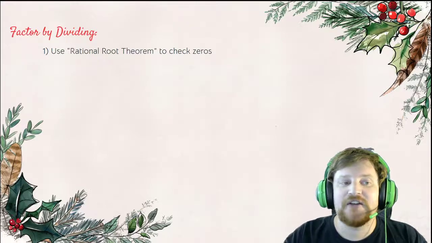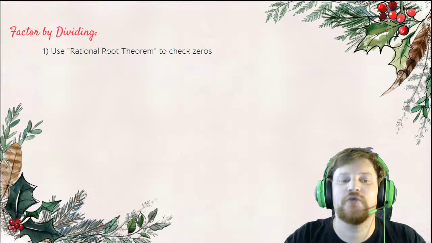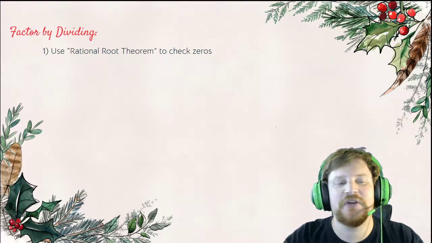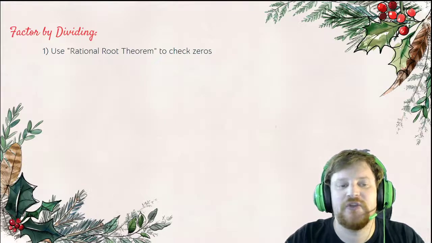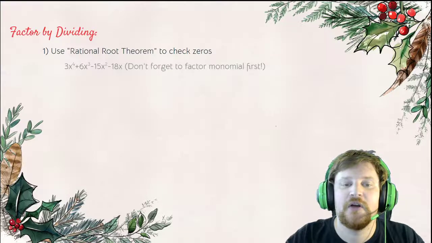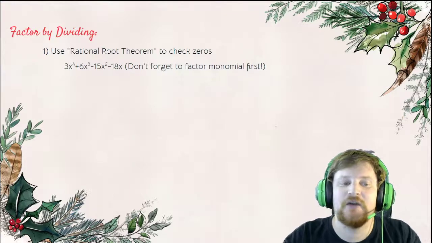So when we're going to factor by dividing, we're going to talk about the rational root theorem to check for our zeros. Now, you don't need to remember the term rational root theorem, but it is useful to know how to use it even if you don't remember what it is. So, in this example, we notice that all of our terms have at least one x, so we can factor an x out.